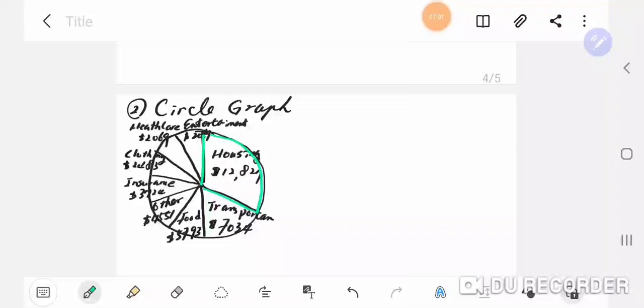And the second largest area is transportation, the second largest part they use annually, and so on. The smallest piece shows they used the least amount in that area. So by looking at the circle graph, we can analyze the data. Okay, then let's try a different bar graph.